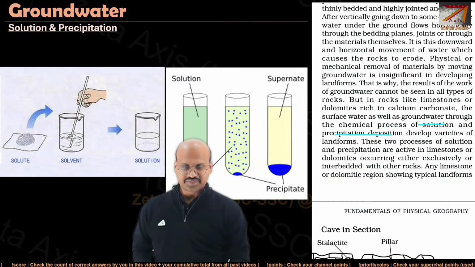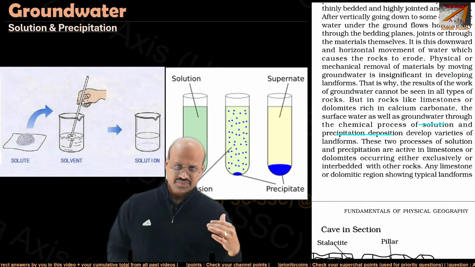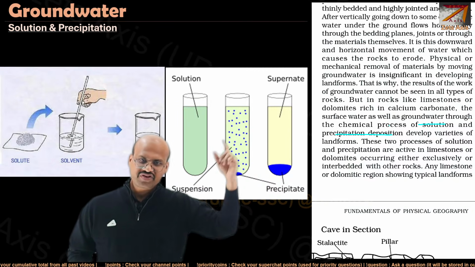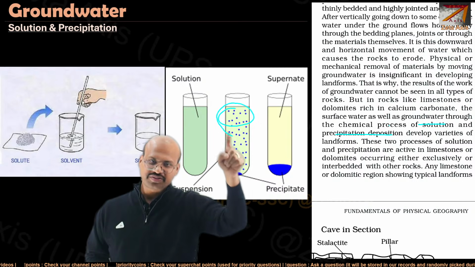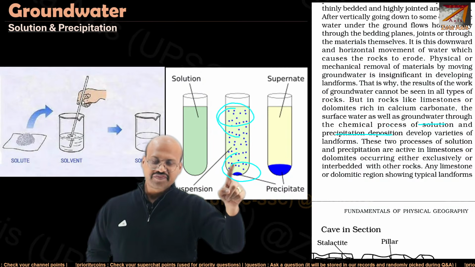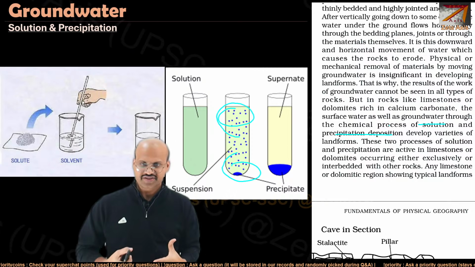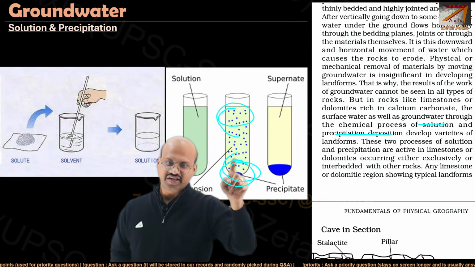What is precipitation? If you increase the concentration of salt within the water or certain other elements, there will come a point that they will start to precipitate and collect. Even if there are two elements which are dissolved in the water and they react with each other, even then they will precipitate and get collected over a region.